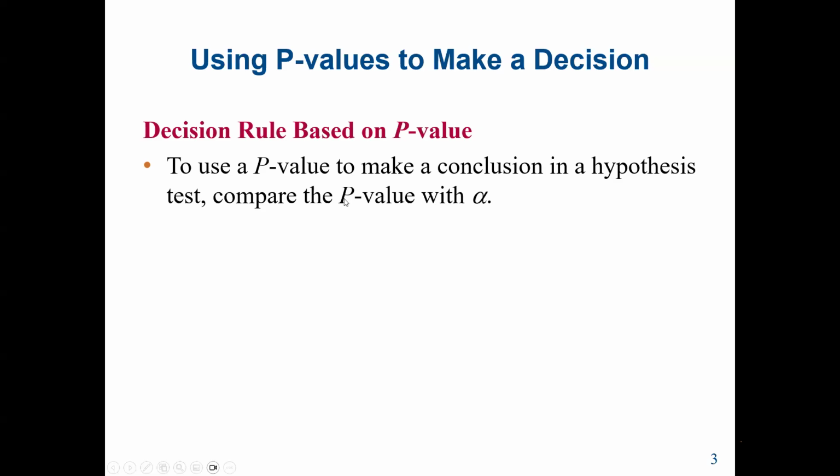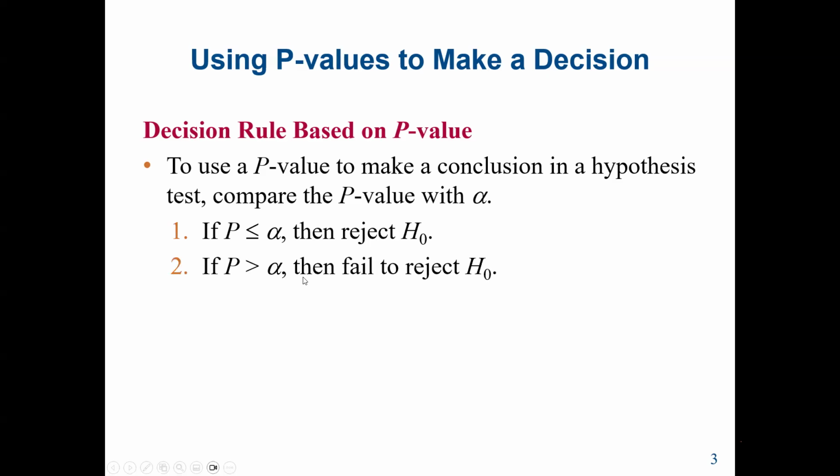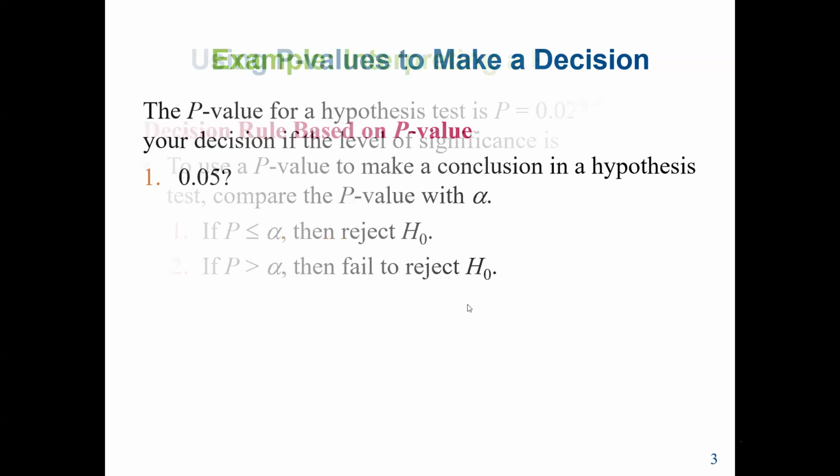But if the p-value is big, at least equal to or greater than alpha, then we are going to fail to reject H0. So if the p-value is less than or equal to alpha, then we reject H0. If the p-value is greater than alpha, then we fail to reject H0.